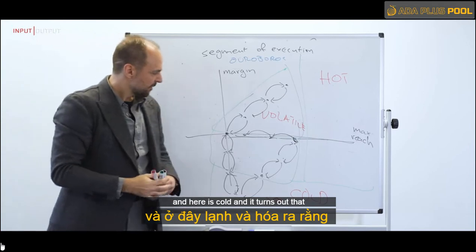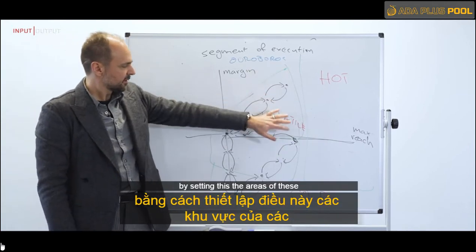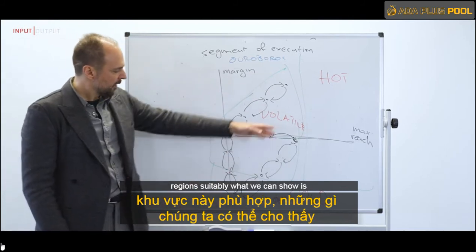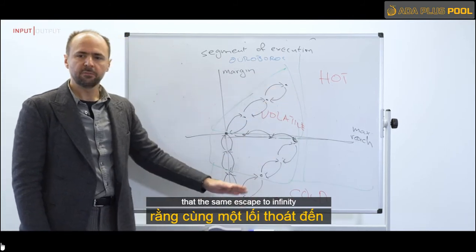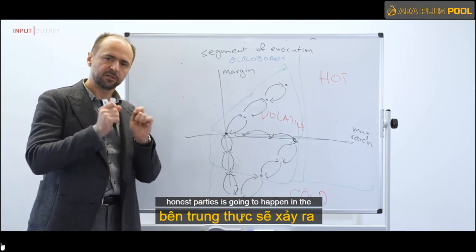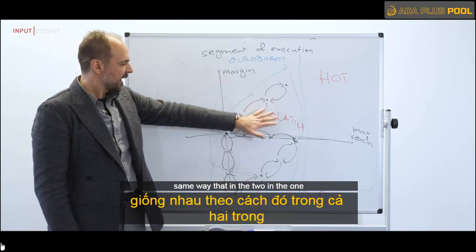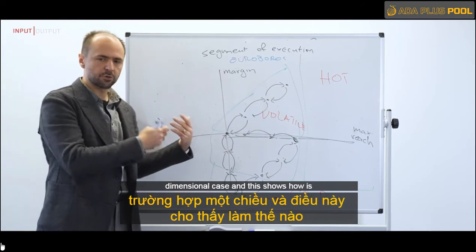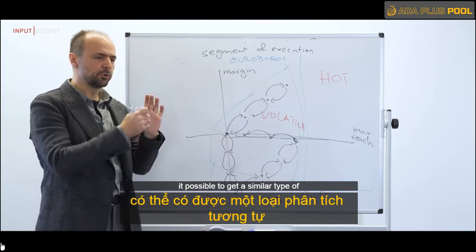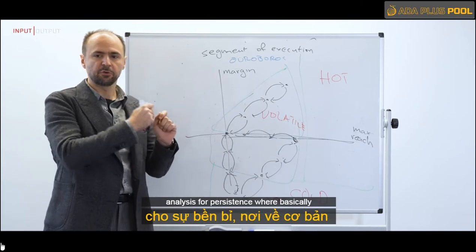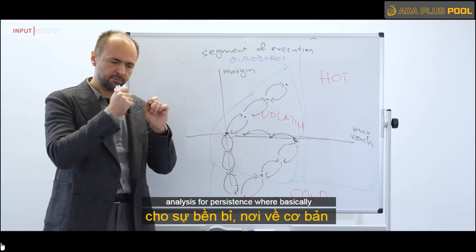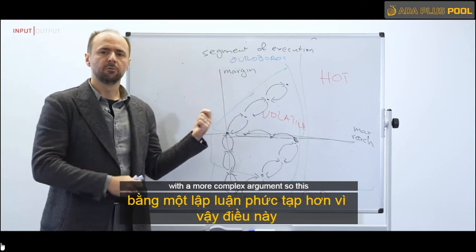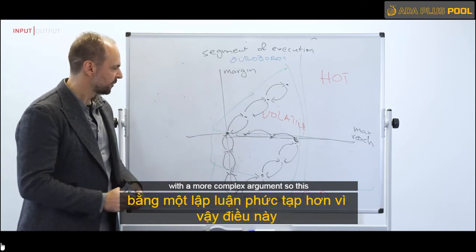And it turns out that by setting the areas of these regions suitably, we can show the same escape to infinity behavior, which is favorable for the honest parties, in the same way as in the one-dimensional case. And this shows how it is possible to get a similar type of analysis for persistence, which basically establishes the fact that honest parties converge to a single chain, albeit with a more complex argument.